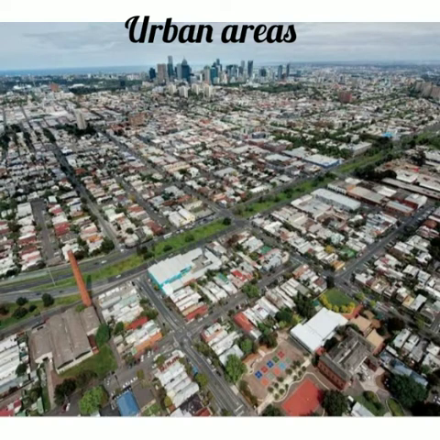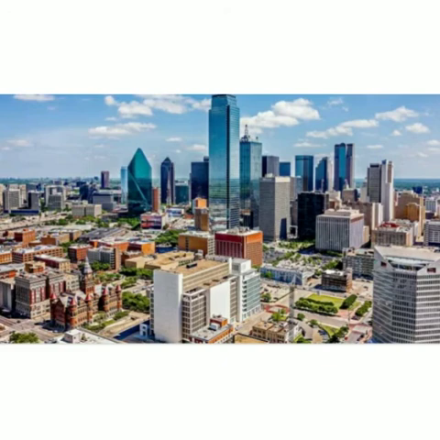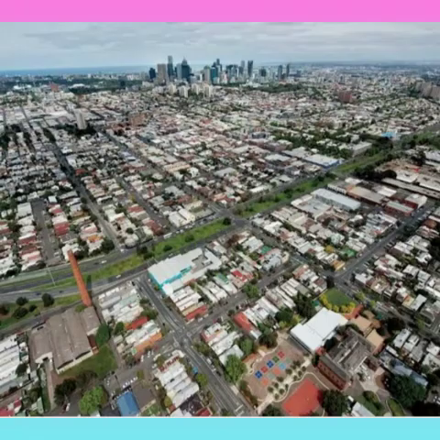An urban area is one that includes or surrounds a city or a town that has a large population and a high population density. That is, it has many people living close together in a small place.